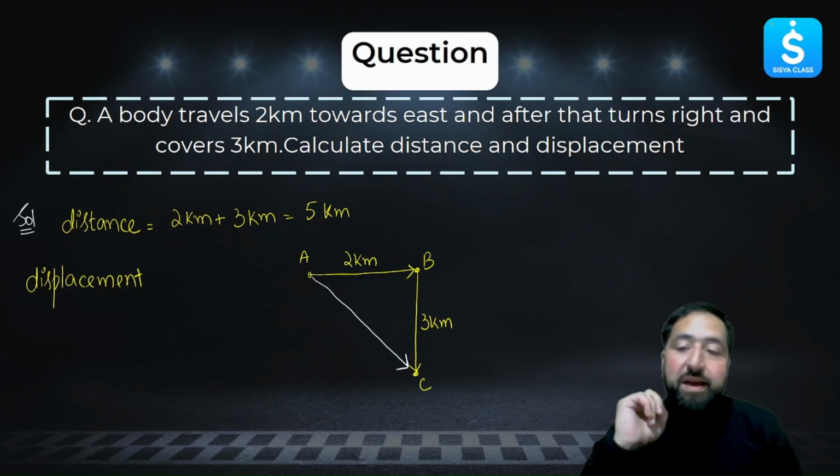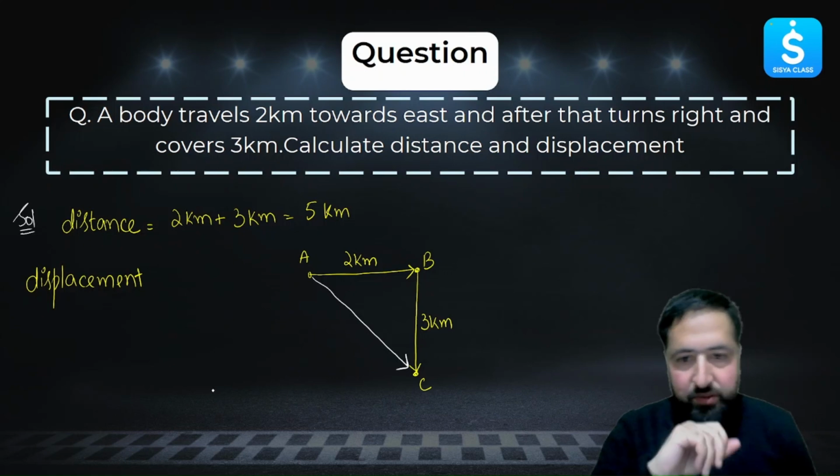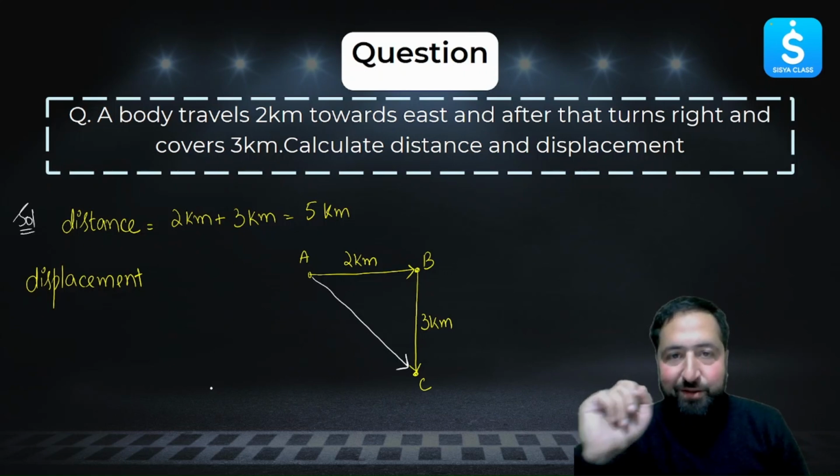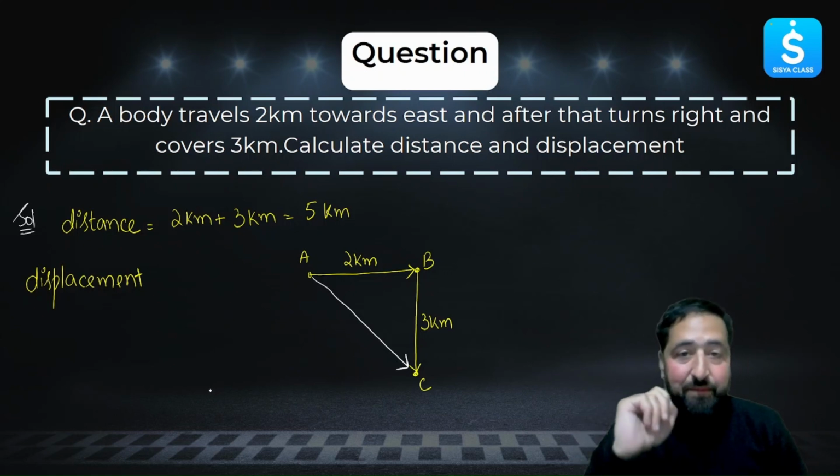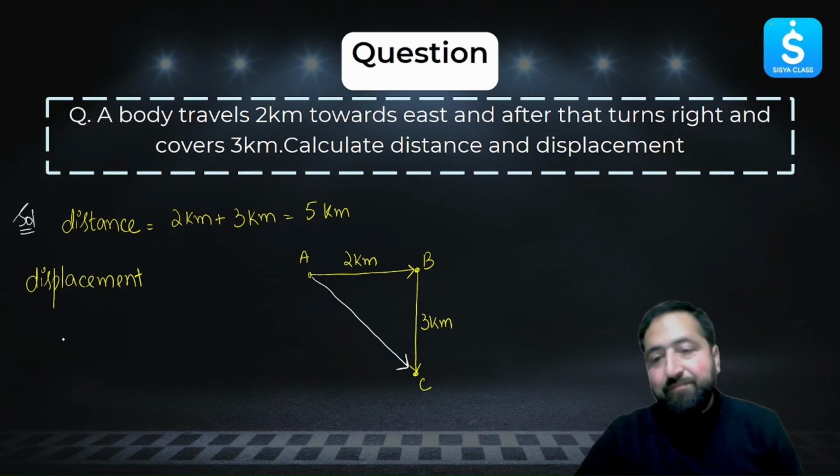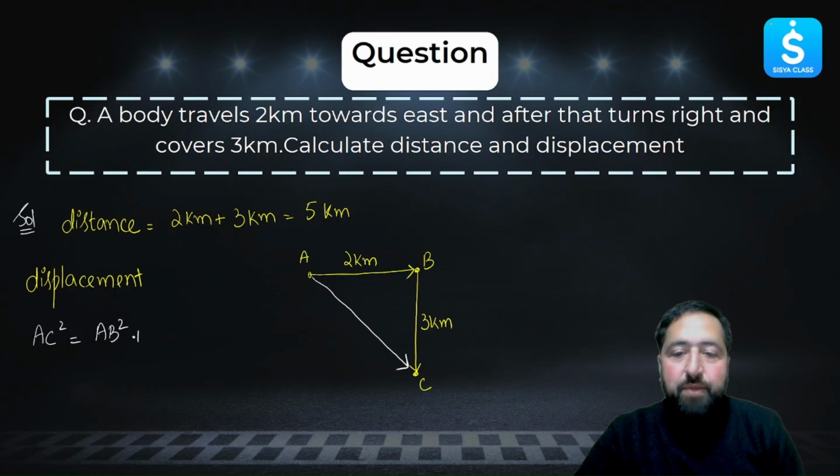So which formula can you use? Yes, exactly. Hypotenuse square equals perpendicular square plus base square. So here AC square equals, because AC is the hypotenuse here, AB square plus BC square. Clear? AC will be our displacement.